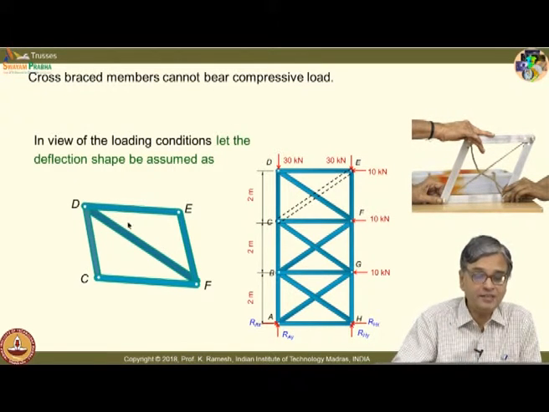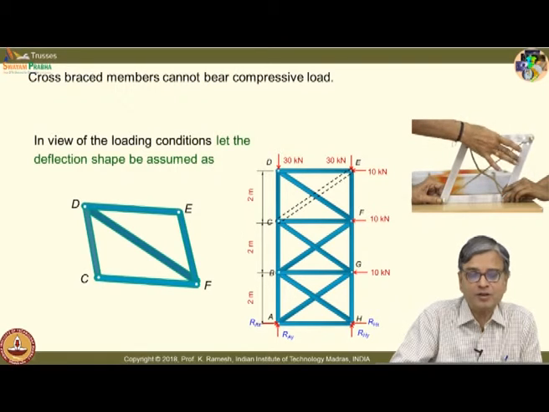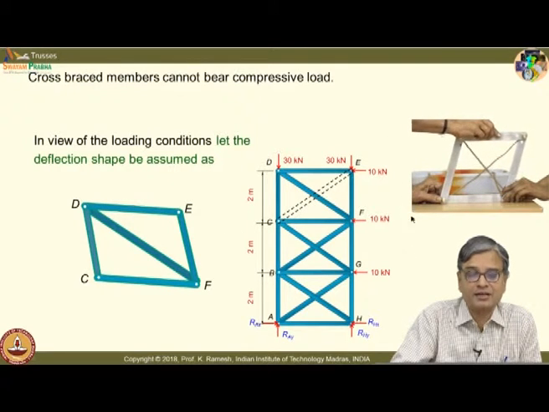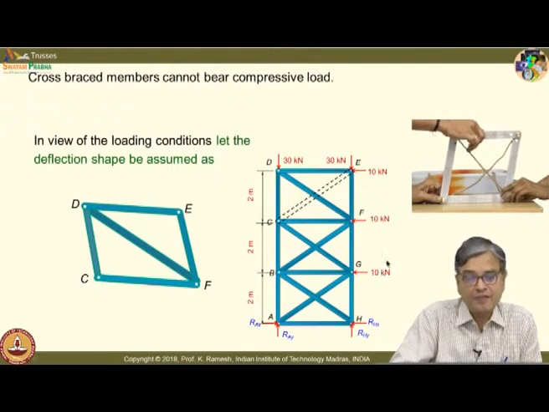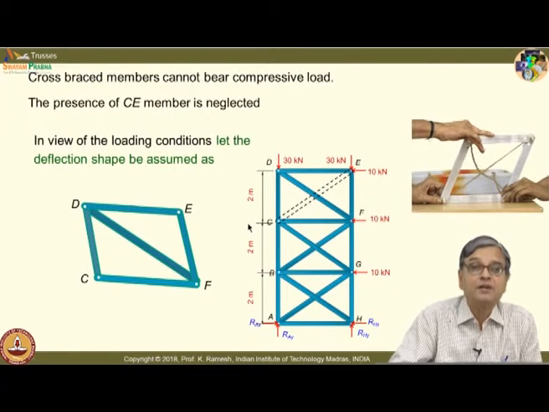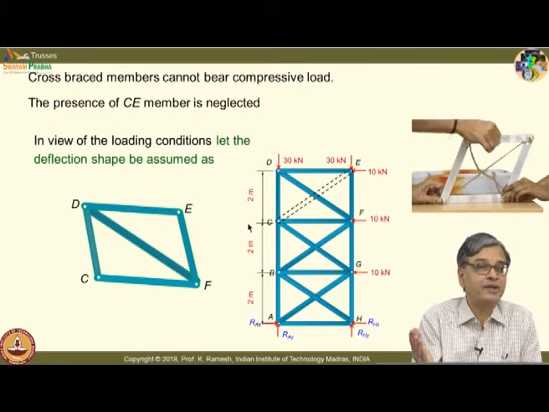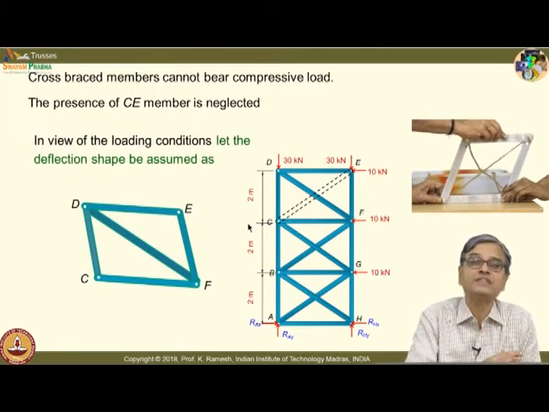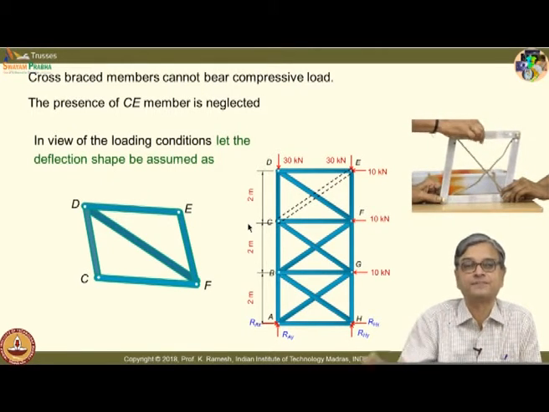I assume it like this, and this is reasonably okay because the wind loads are very clearly specified. If they are not specified, then you may have to verify the other way of deformation and find out which is under tension and which is under compression.